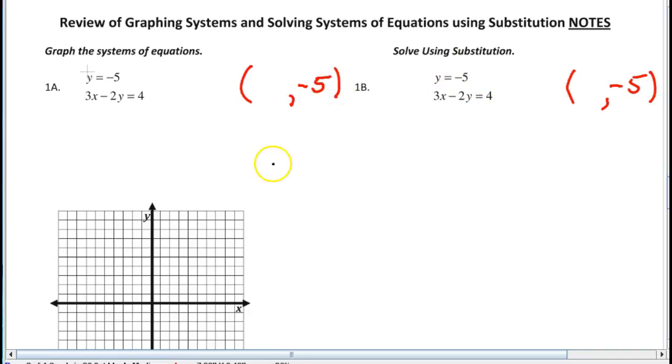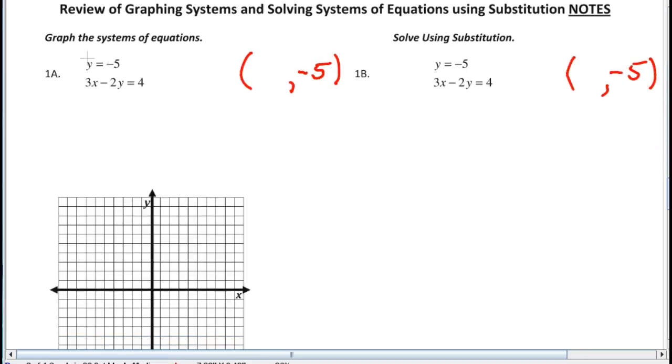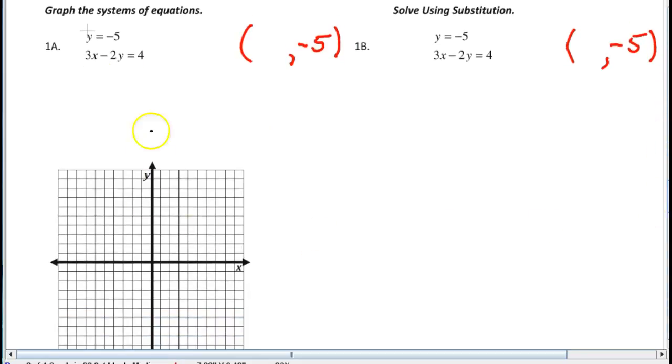So we're really only trying to figure out what the X value is. So Y equals negative 5. Let's go ahead and graph that, right? That's down here. So we're going to go down 1, 2, 3, 4, 5.